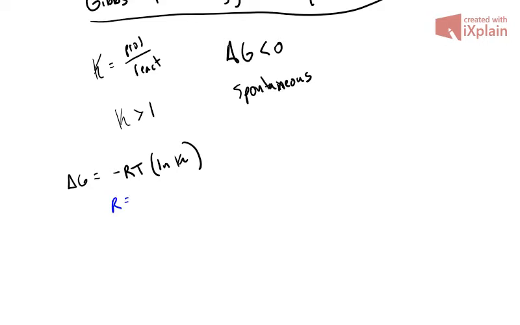R is the universal gas constant, which is 8.31 joules per mole Kelvin. Okay.